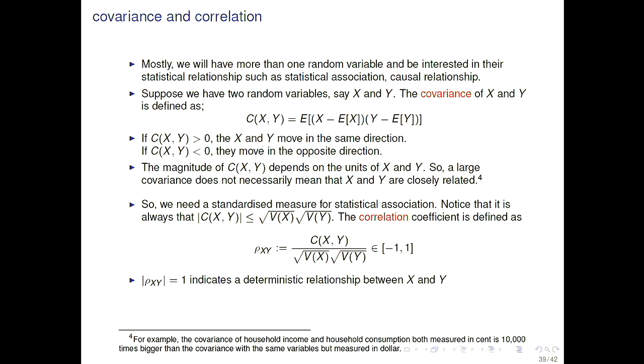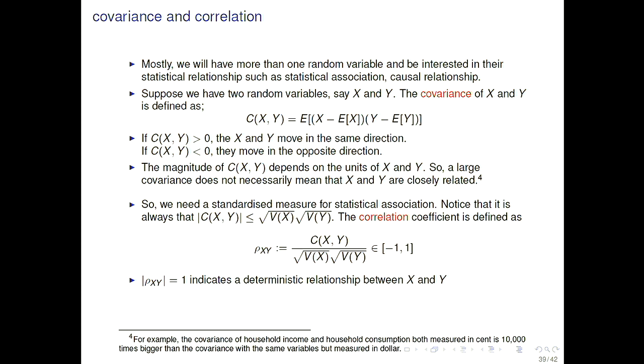But for the same thing, we can change the unit of measure to cents instead of dollars. Then it turns out that the covariance measured in dollars is much smaller than the covariance measured in cents. Especially the second covariance, the covariance measured in cents, is 10,000 times bigger than the covariance that is measured in dollars. So covariance is sensitive to the choice of the unit.